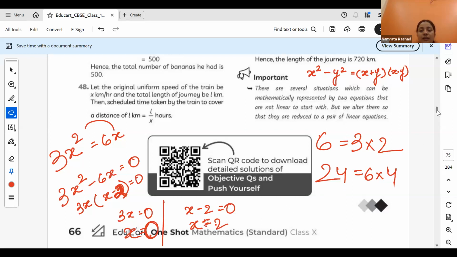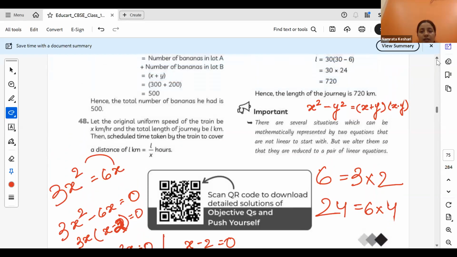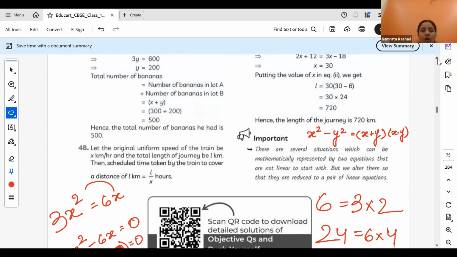So you need to think about what can be done over here. Yes, majorly you will be using splitting the middle term, but that is not the only way. Your question can contain different scenarios and accordingly you have to work.